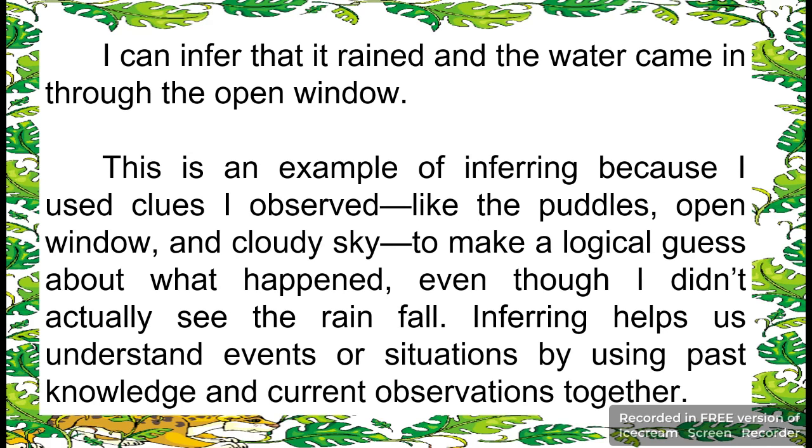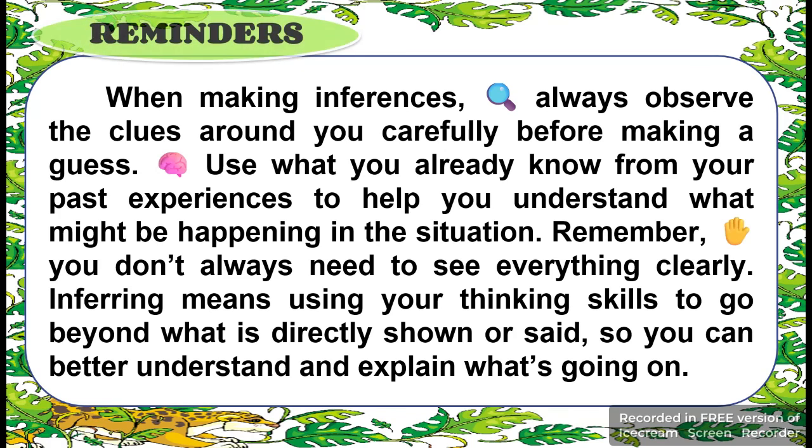Inferring helps us to understand events or situations by using past knowledge and current observation together. Remember, kids, when making an inference, always observe the clues around you carefully before making a guess.